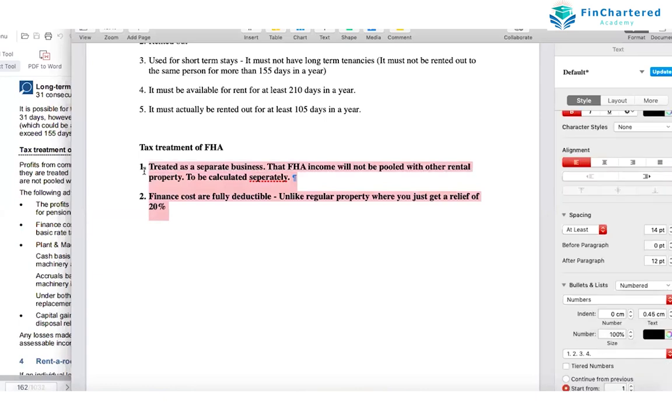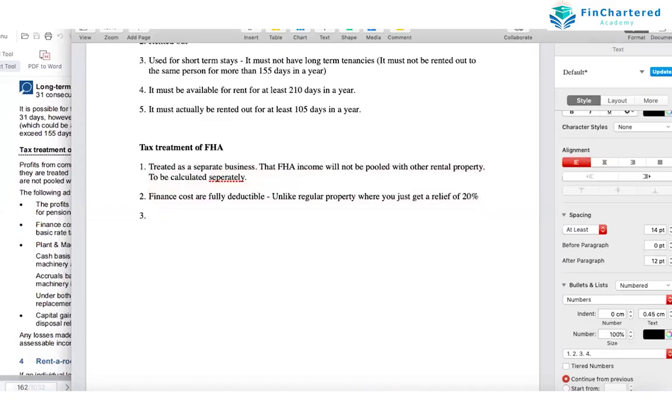So that is the better thing about short-term rentals. The entire finance cost is entirely deductible.